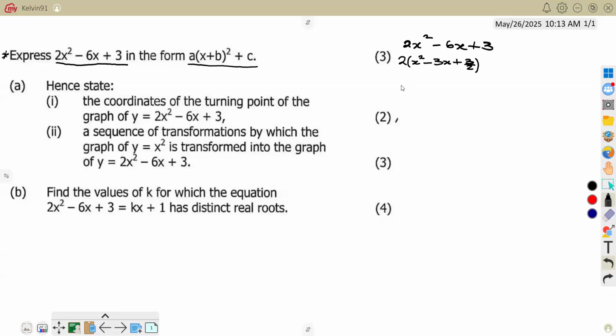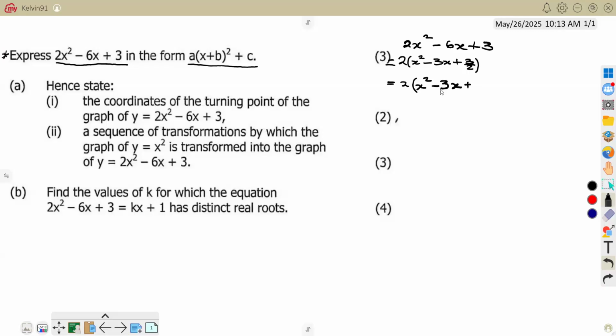Then from there, we have our 2 bracket, we have x squared minus 3x. To make that a perfect square, we have to add half the coefficient of x.